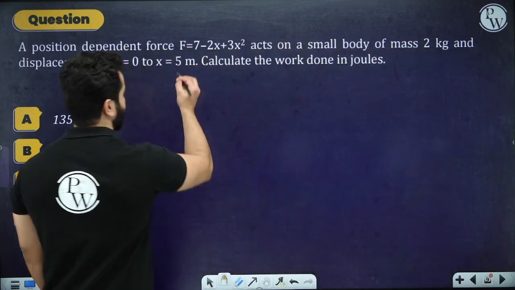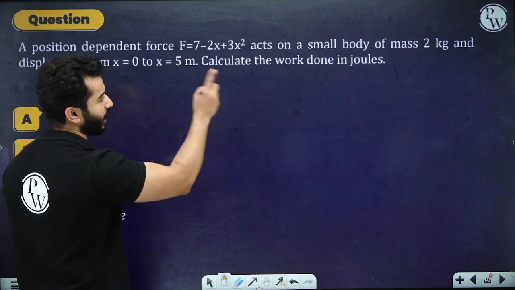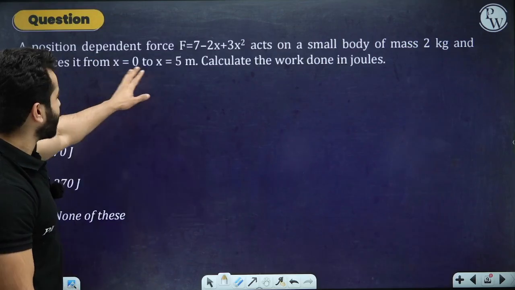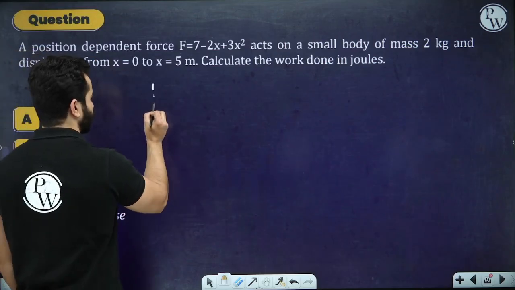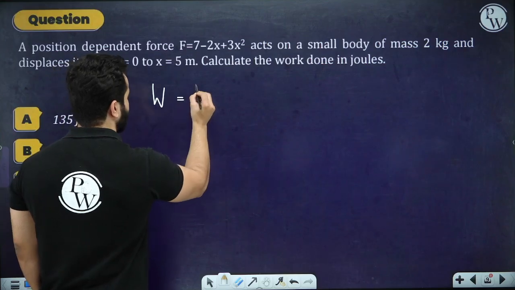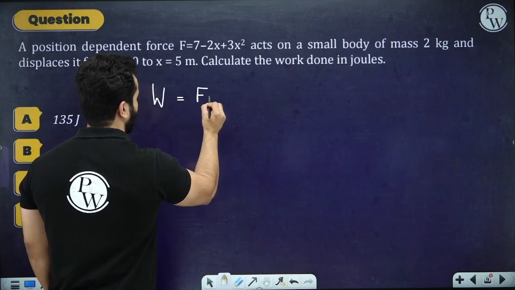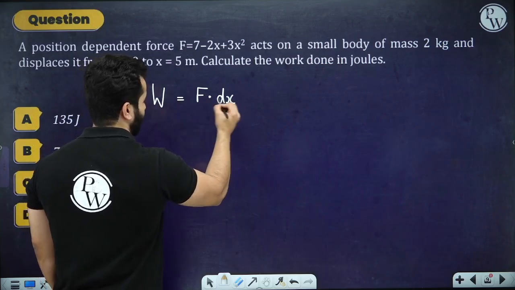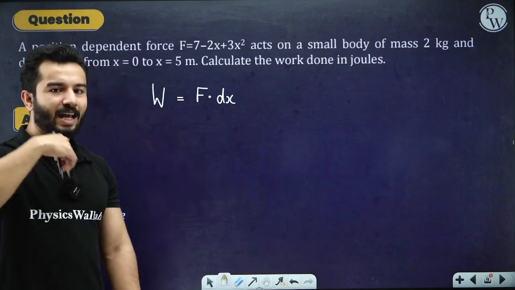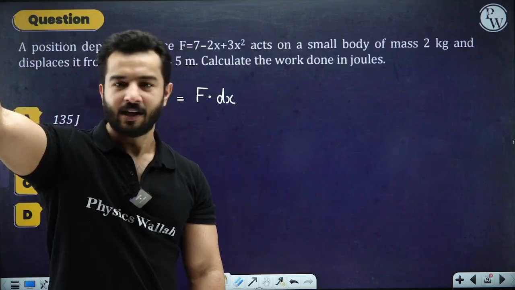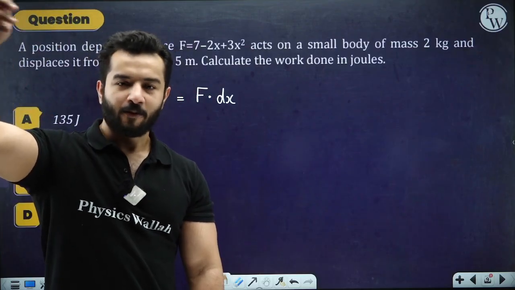So the force is given as 7 minus 2x plus 3x square. The mass of the body is 2 kg, and it displaces from x equals 0 to x equals 5. So the total work done is going to be F dot dx, right? Now you might write Fx dx plus Fy dy plus Fz dz, but we don't have Fy, we don't have Fz.